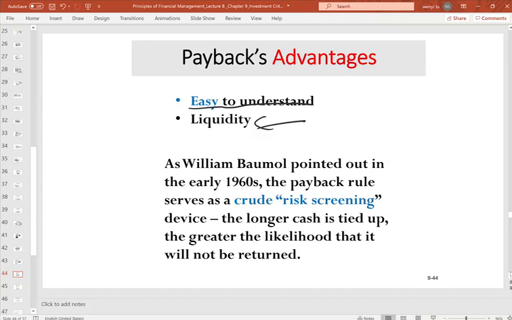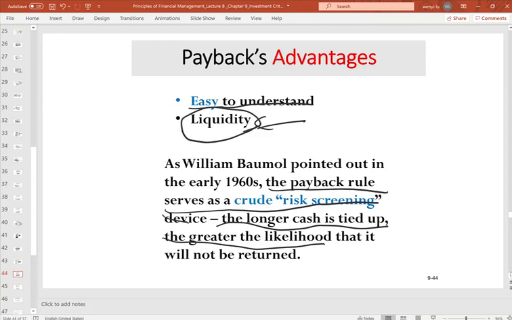As William Baumol pointed out in the early 1960s, the payback period rule served as a crude risk screening device. The longer the cash is tied up, the greater the likelihood it will not be returned. So the payback period is a good measure of liquidity, to show you the default risk, the liquidity risk, for this project.